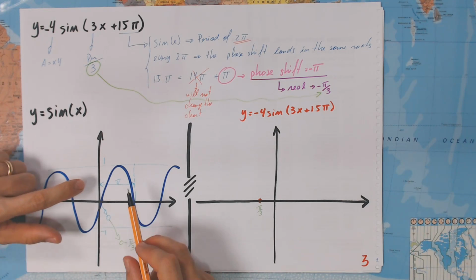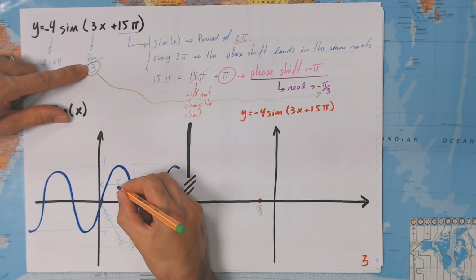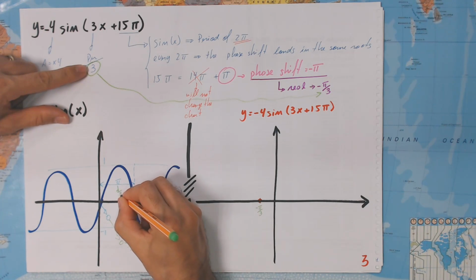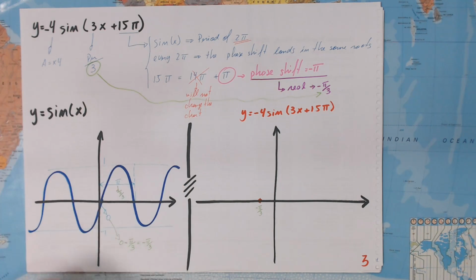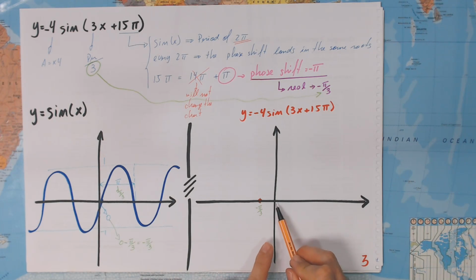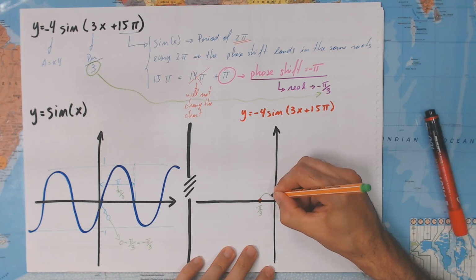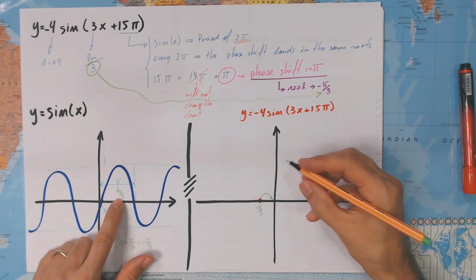Now, next one. This length is pi, but everything is divided by 3. So our new length, it is just going to be pi over 3. Okay? So this is going to be the first root. Okay? Then this is going to be our next root, because I'm just going to add pi over 3.